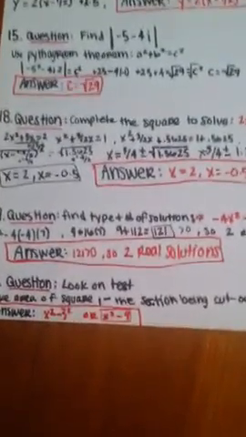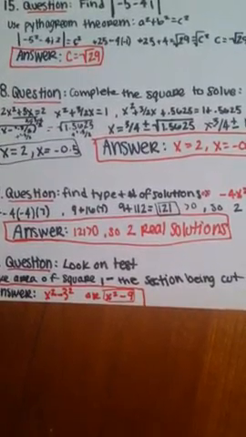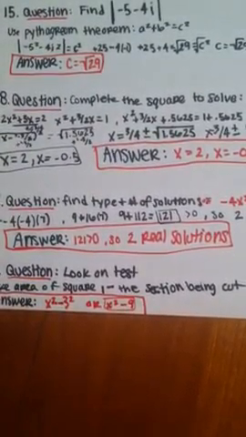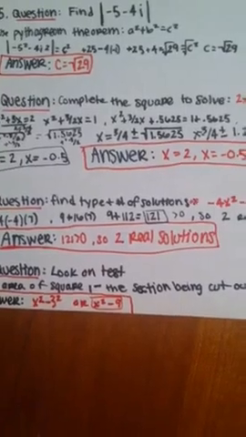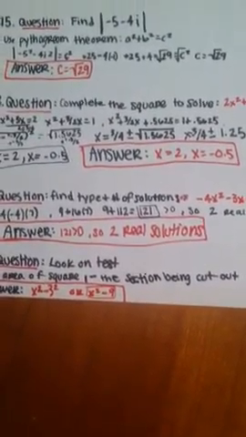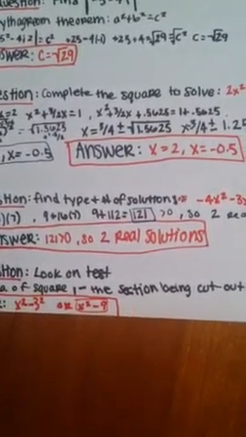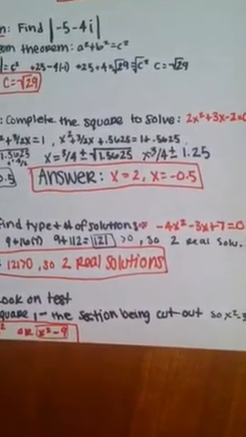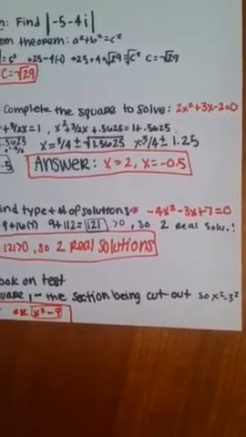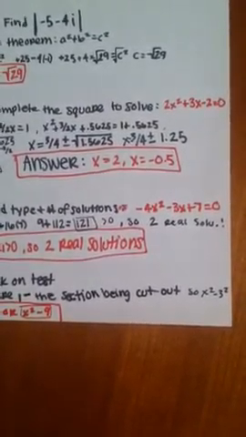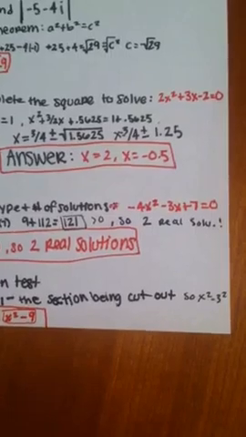So negative 4 times negative 4 is equal to 16 times 7 is equal to 112. So 9 plus 112, which I accidentally did minus 112 before, is equal to 121, and that is a positive number, and it's greater than 0. So that means that there are 2 real solutions, right?